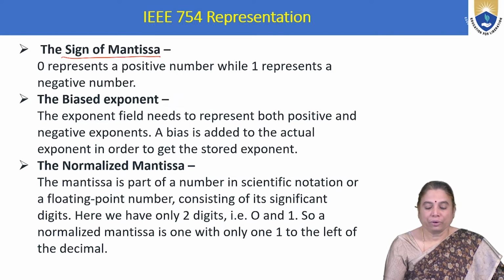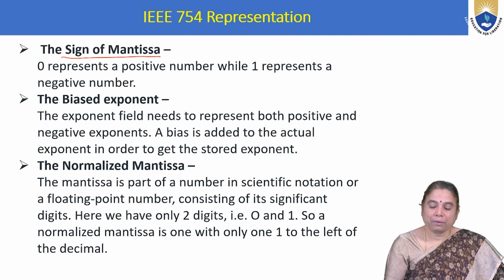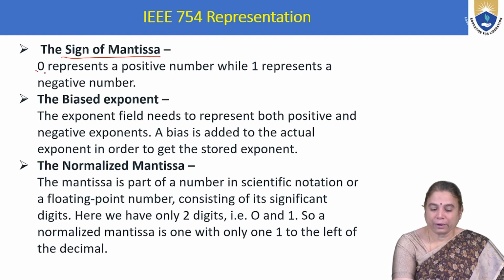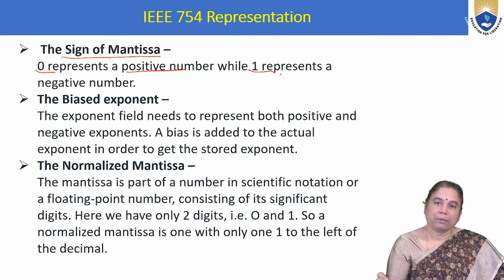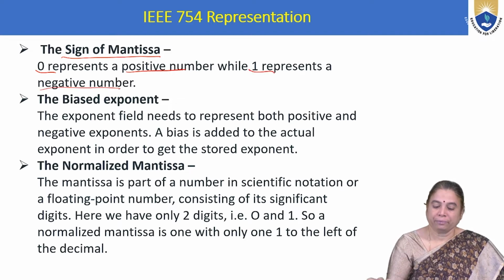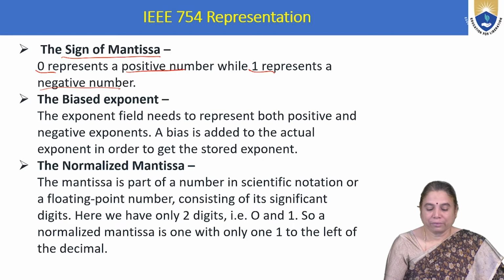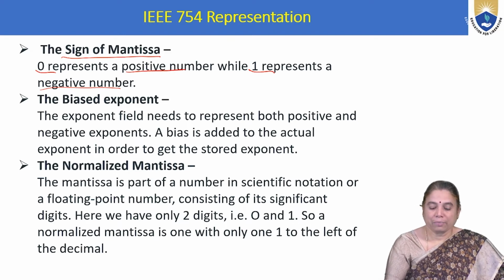If it is 0, then the number is positive. If the sign bit is 1, the number is negative. And the biased exponent: the exponent field needs to represent both positive and negative exponents. A bias is added to the actual exponent in order to get the stored exponent. That can be represented with the E value.